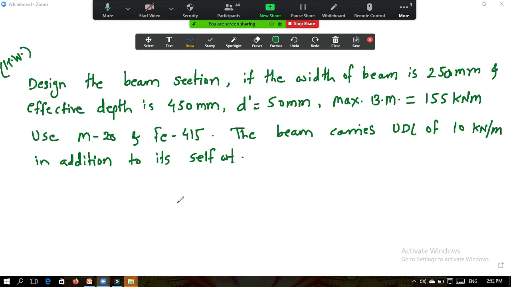And after that, take the check for development length, and if your check for development length is also satisfied, then you draw the reinforcement sketch. So this problem you have to solve in this way. So this is your homework problem, try to solve it. If you are not getting the answer, then in the next lecture we will solve this problem.